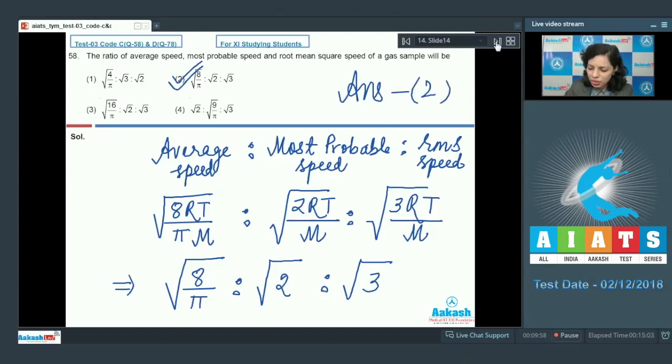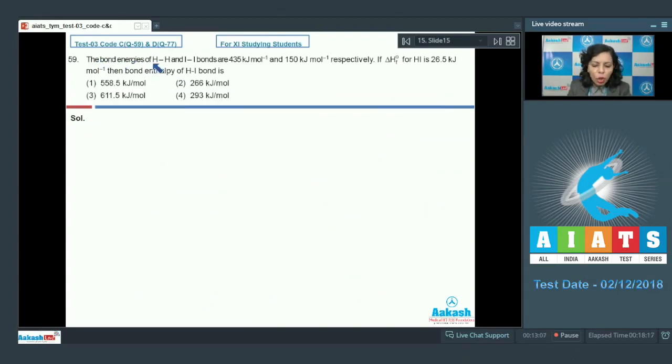Let's check next question. Question number 59. The bond energy of HH and II bonds are 435 kJ per mole and 150 kJ per mole respectively. If delta H in standard condition for the formation of HI is 26.5 kJ per mole, then bond enthalpy of HI bond is. So first we need to check here that how this HI is formed. It is formed by combination of H2 and I2, we all know.